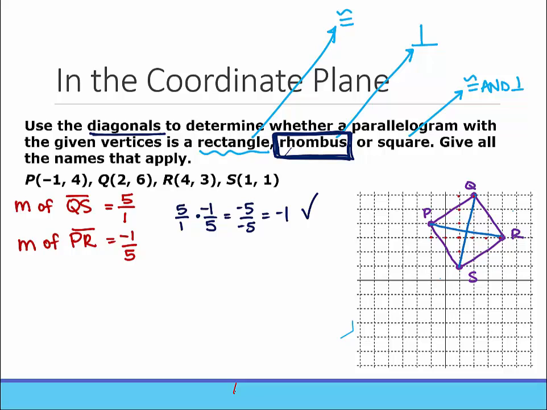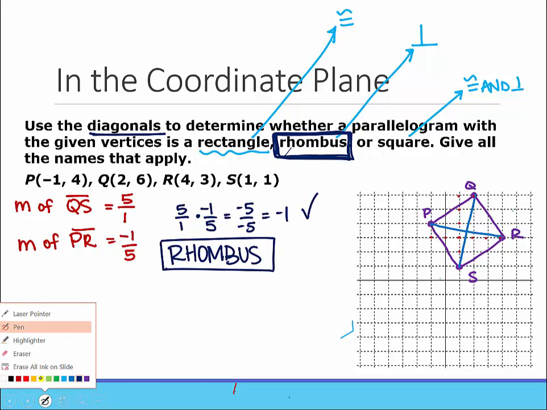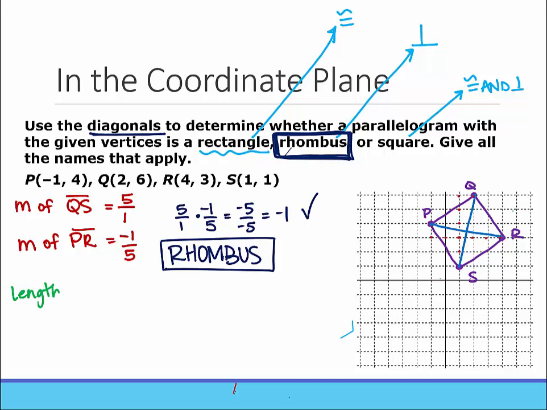So now the next thing we want to prove is see if it could also be a rectangle. So what I'm going to do is find the length of QS. And remember, you can use the Pythagorean theorem, or you could use the distance formula. It doesn't really matter.